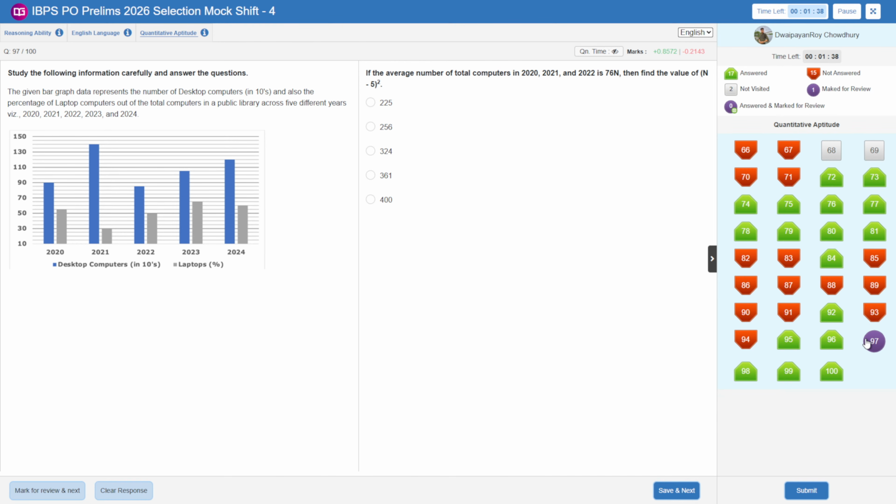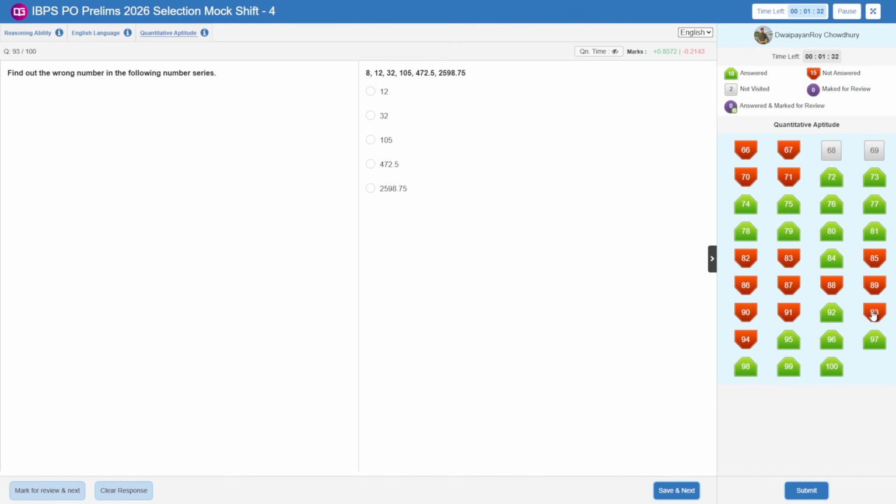So n is 25. So 20 square, 400. Then okay, these kinds of things are not going the right way. Okay, I think this is 32. 1.5, it should be 2.5, then 3.5, like that, I guess.